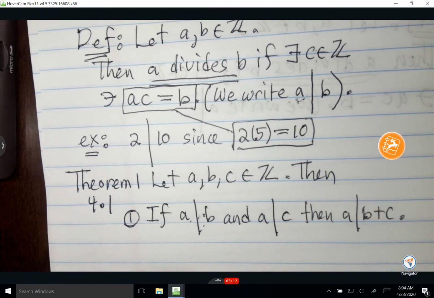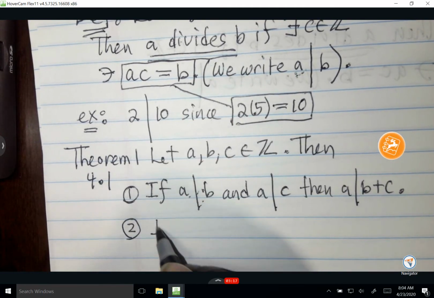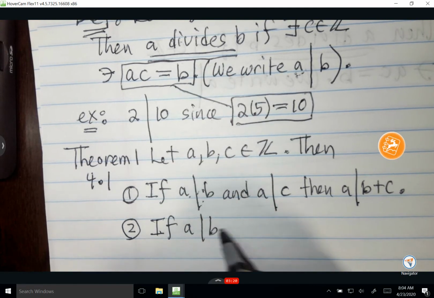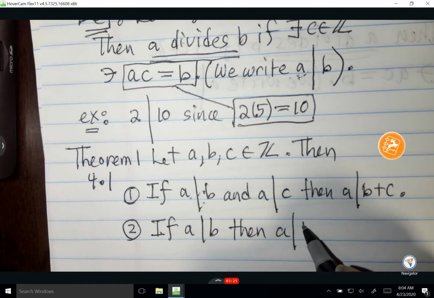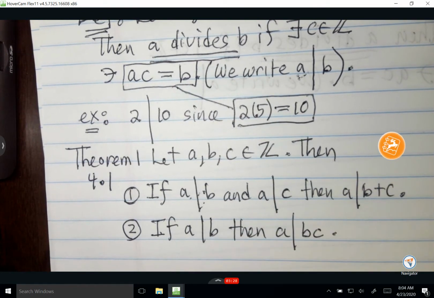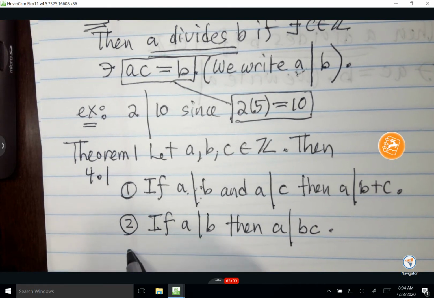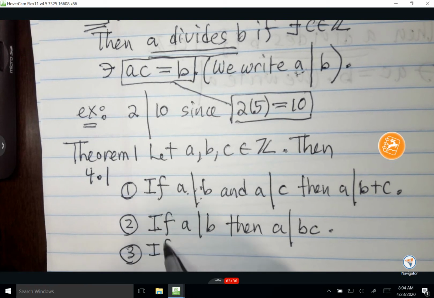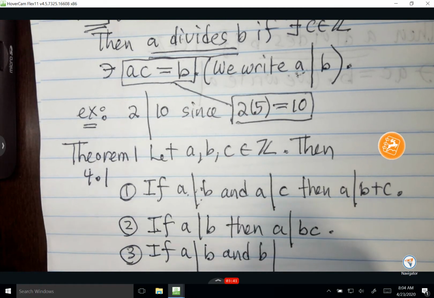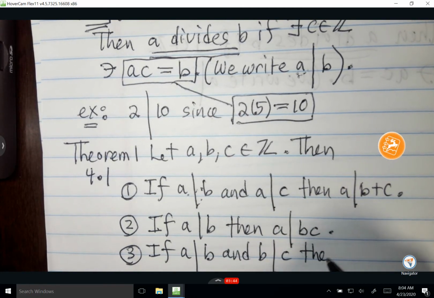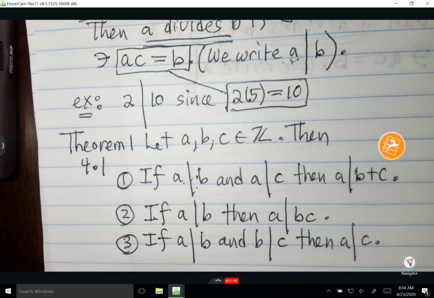So we want to prove that, of course. Thing 2, if A divides B, then A divides any multiple of B, BC, for example. And thing 3, division is transitive. In other words, if A divides B and B divides C, then A divides C. Okay, so those are the 3 parts to the theorem.